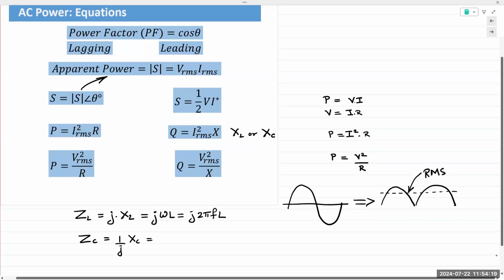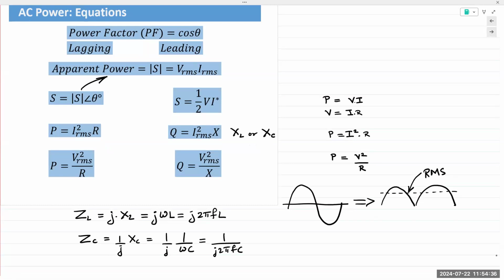And XC is 1 over omega times C, or you could write 1 over 2 pi F C. XL and XC are simply 2 pi F L and 1 over 2 pi F C. It's without the J.